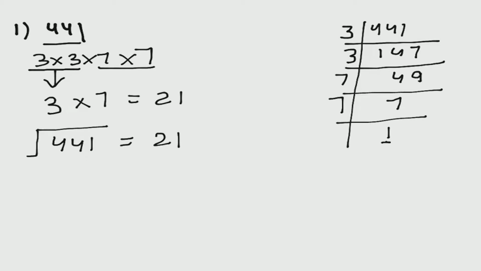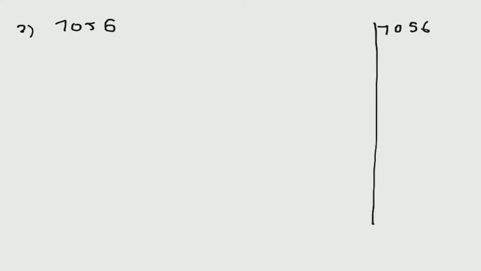So let's take another number, that is 7056. First of all we will find all the prime factors of 7056. We start with 2, as it's an even number, so for sure it will be divisible by 2. When divided by 2, it will give us 3528.